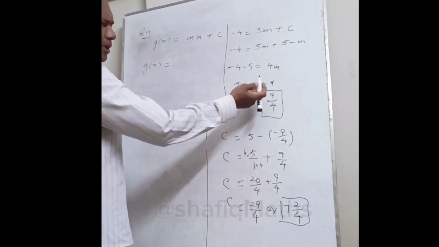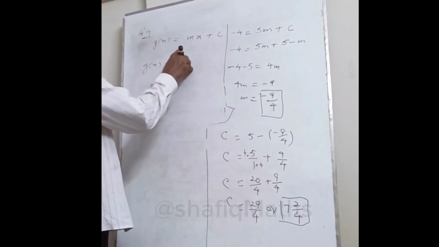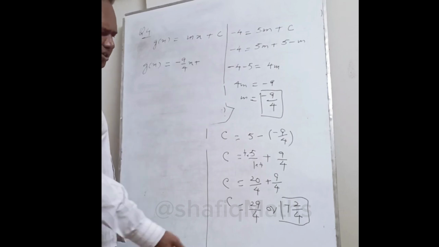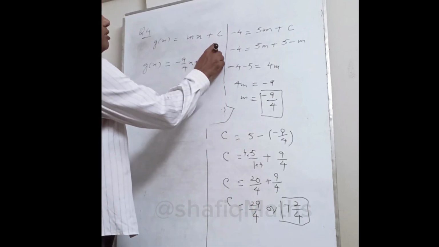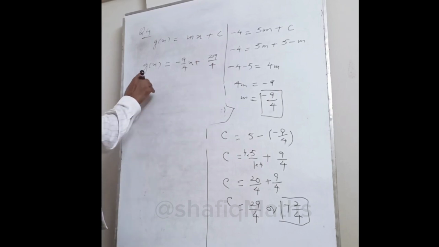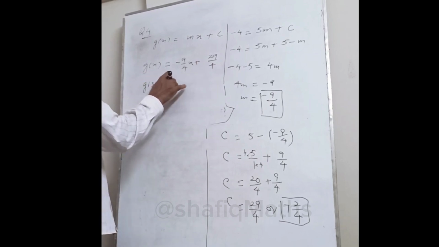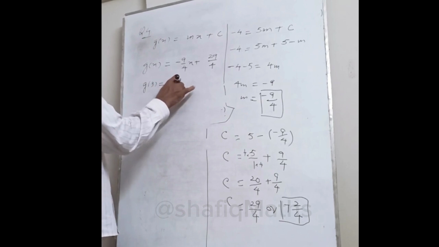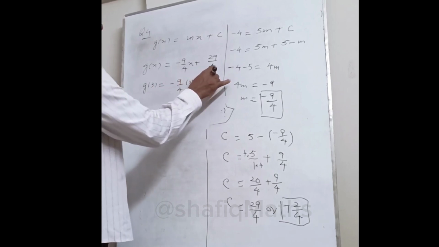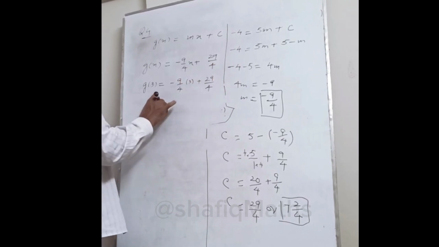The value of m is −9/4, so we write −9/4 x plus c. c is 29/4, so we write 29/4. And we are to calculate g(3) = −9/4 × 3 + 29/4.